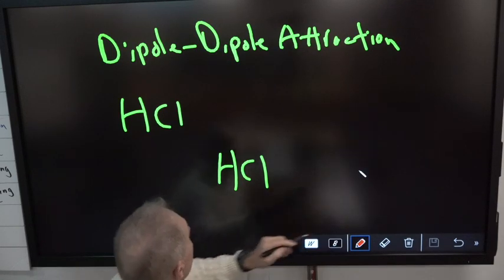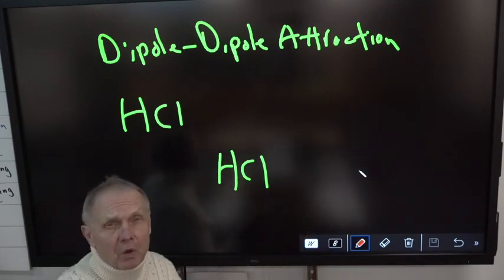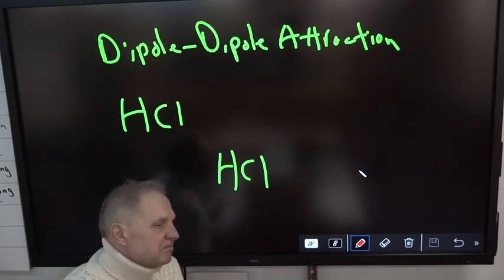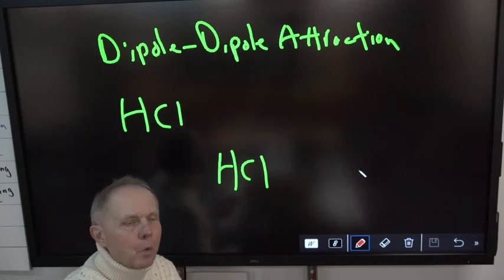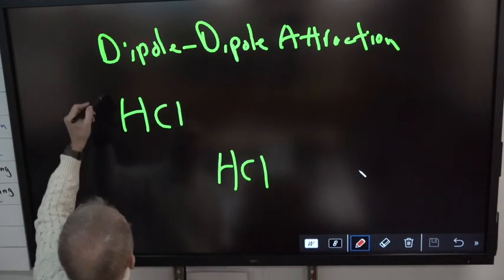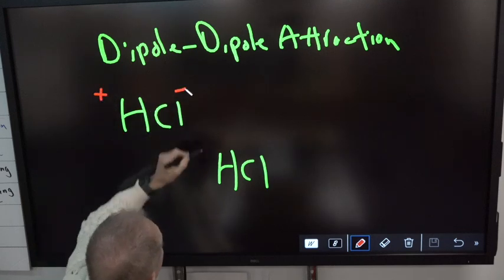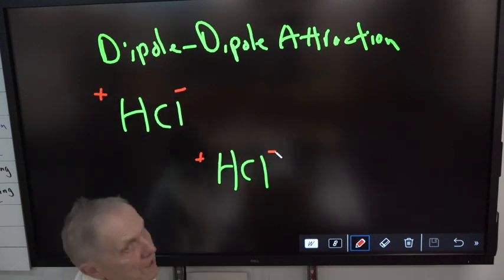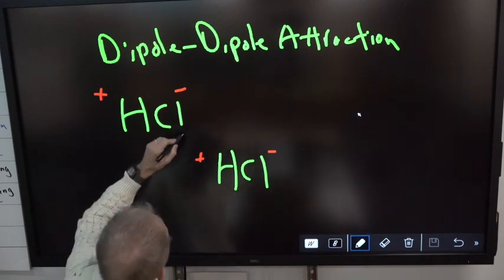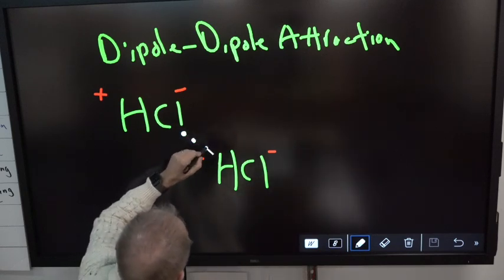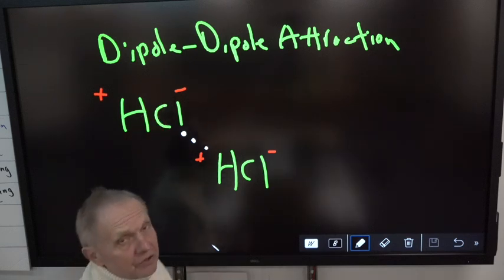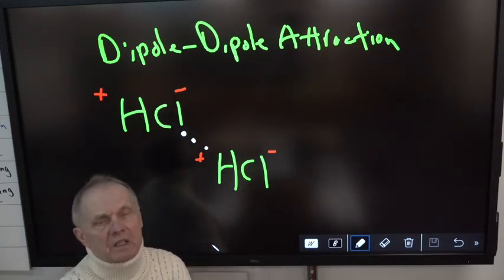Now, this is not a very strong one, and dipole-dipole attraction is usually between medium and weak polar molecules, and it's a weak attraction. So hydrogen's positive, chlorine's negative, and here is where the dipole-dipole attraction would be, right there between the negative chlorine and the positive hydrogen, but it's really weak.